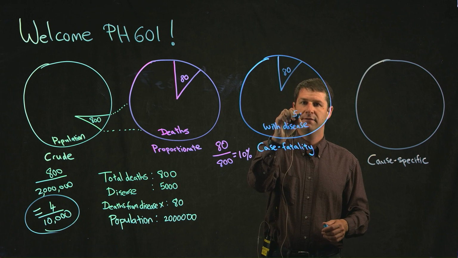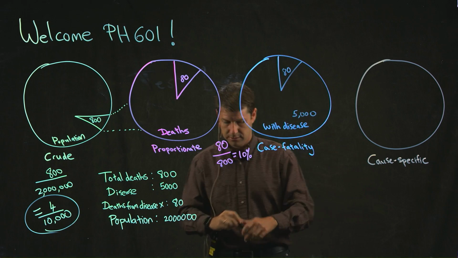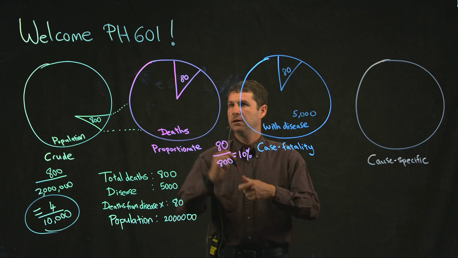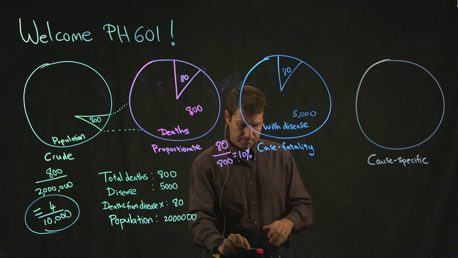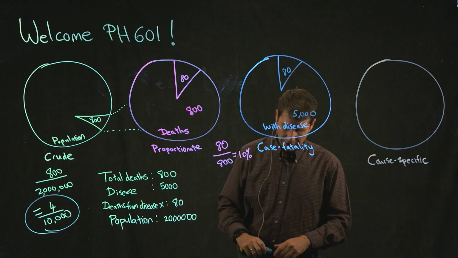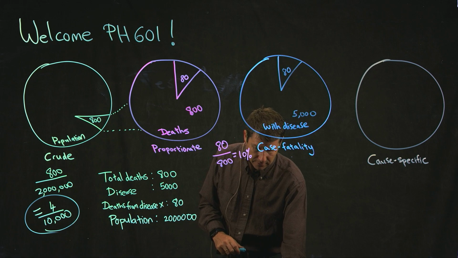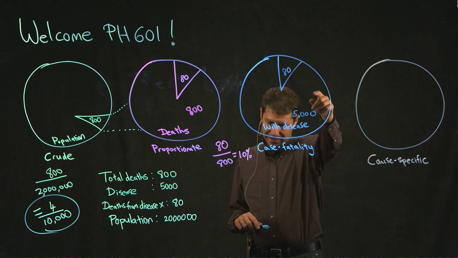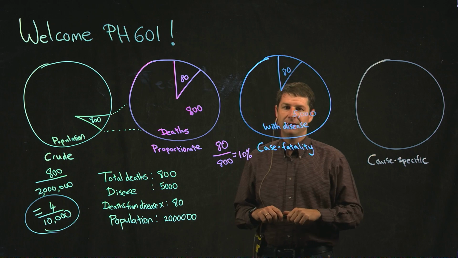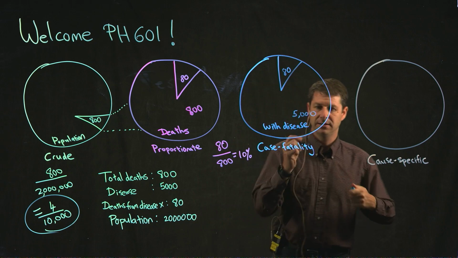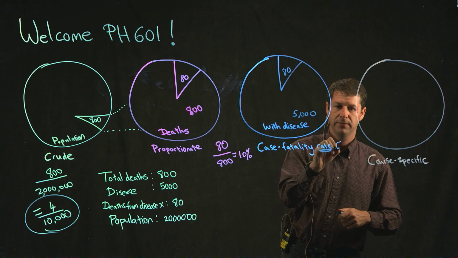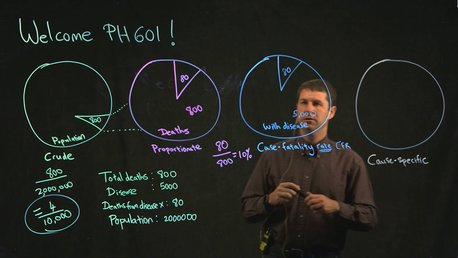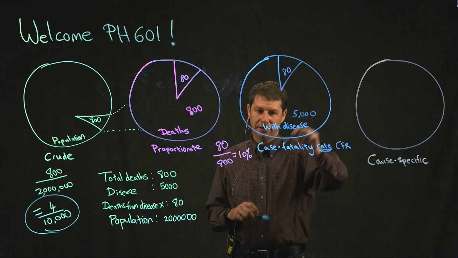We said it's 5,000. And just as a reminder, here it was 800. So our case fatality rate is 80 out of the 5,000. And this is a little misleading because we write case fatality rate, CFR, but it's really a proportion. It's just 80 out of 5,000.